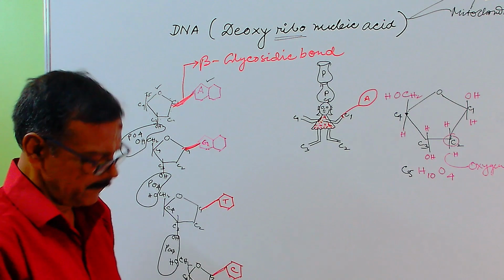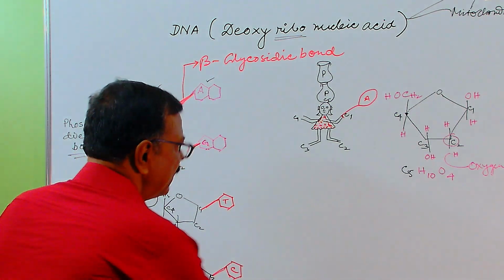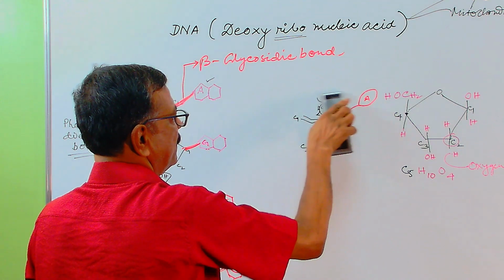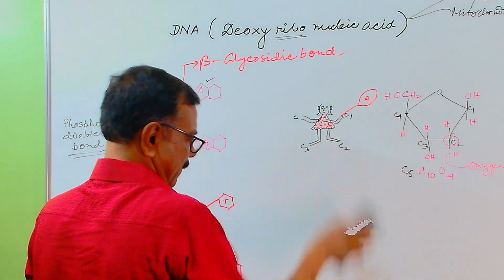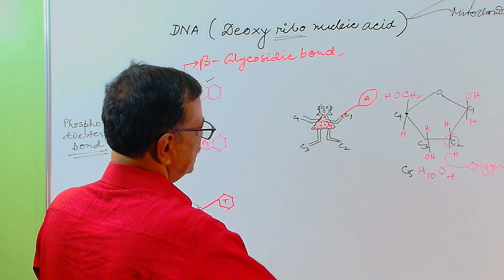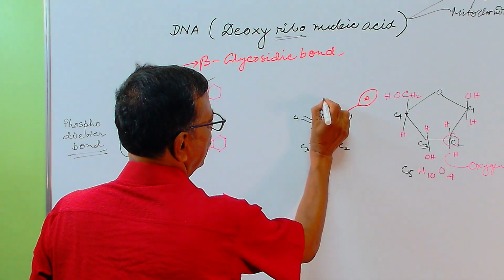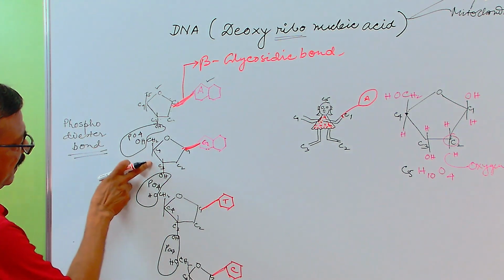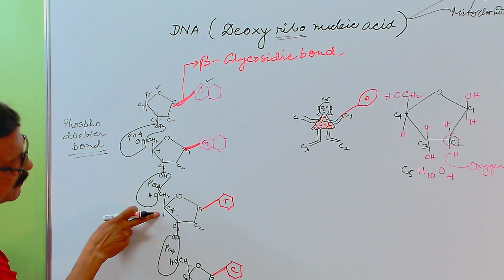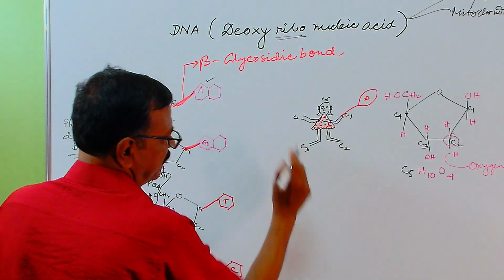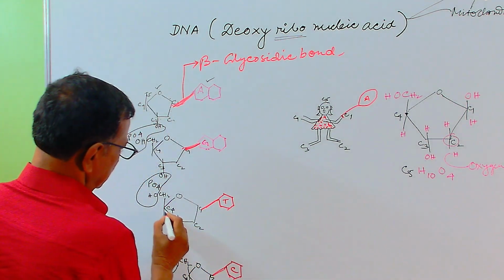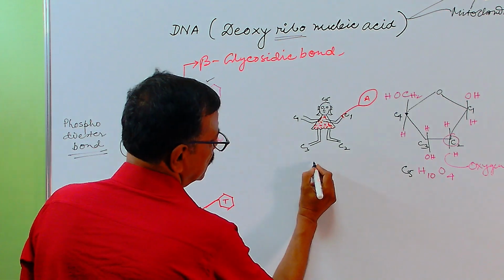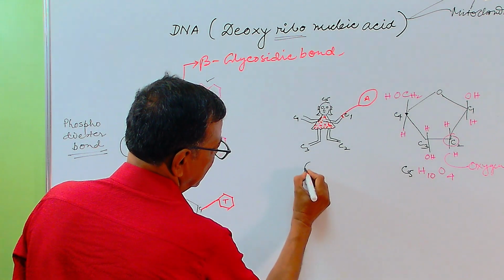That will come later. Now this C5 is free. Then this C3 will join with C4, another C4 joins with C5. So here it will be like this.